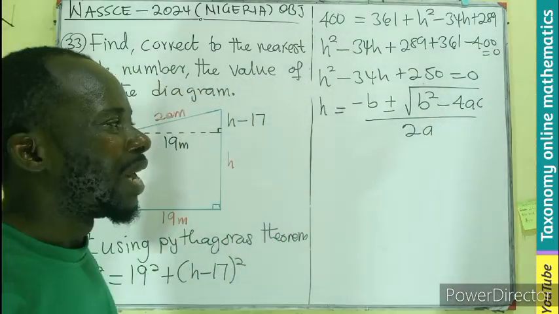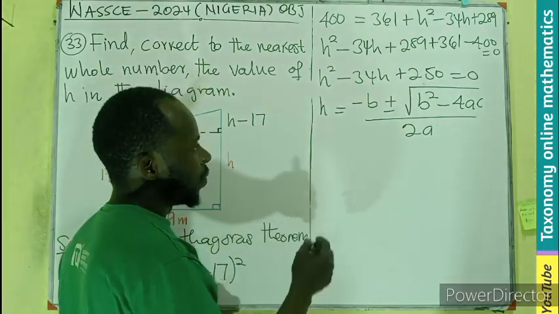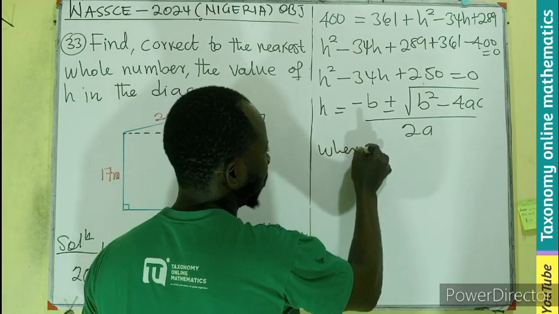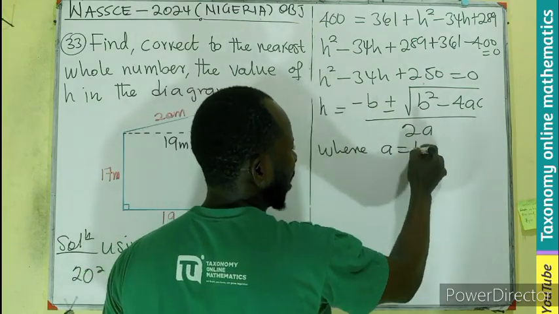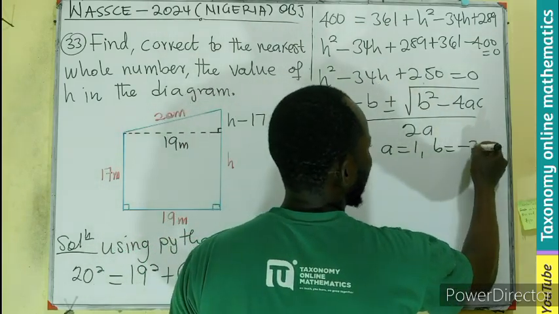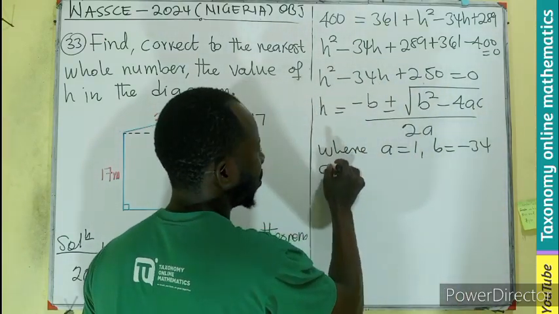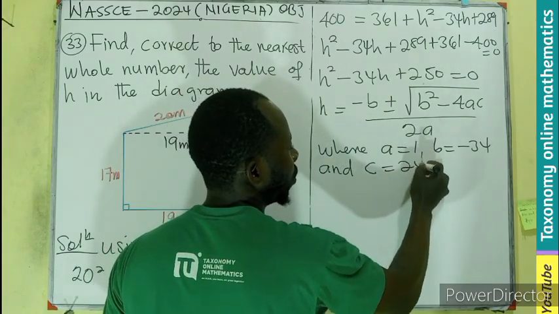That is using the quadratic formula to arrive at the value of h, where we can say that our a is the coefficient here as 1, our b is the next coefficient, minus 34, and our c is the constant term as what?